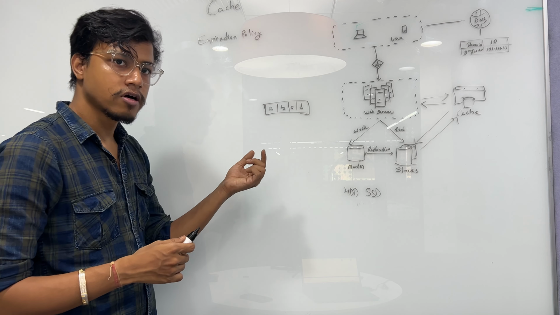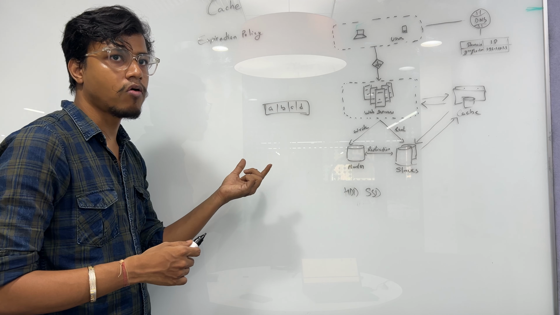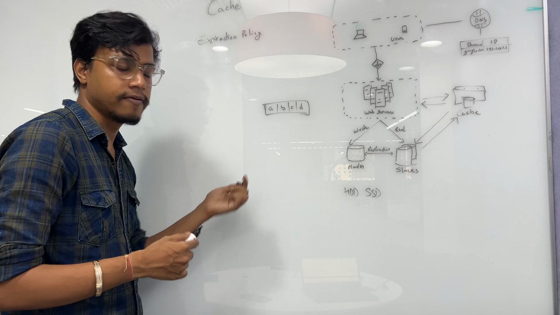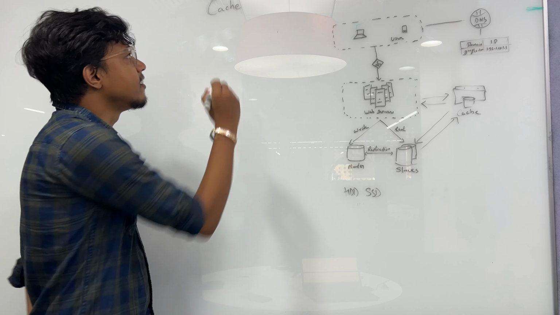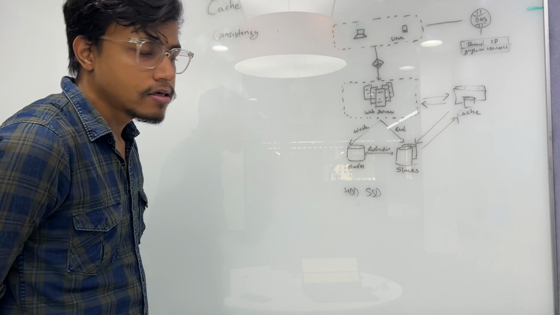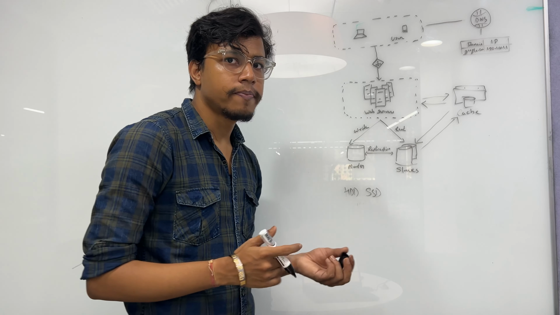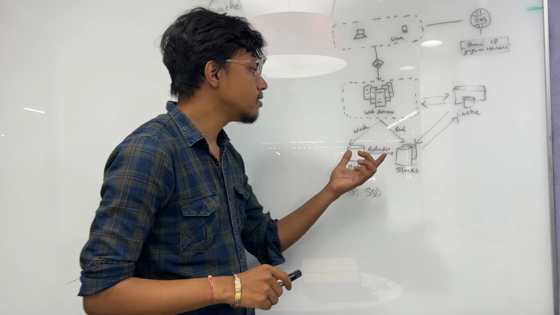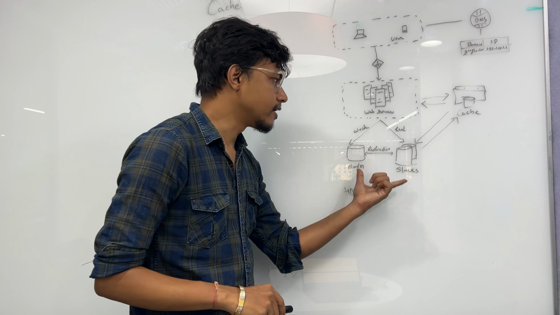So it is associated with a cost, it will not help your application, and it will incur cost again and again. Point number 3 is consistency of data. The data present in the cache should exactly match the data present in the database.